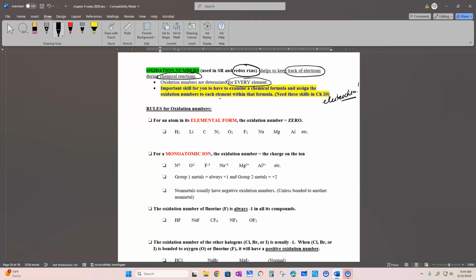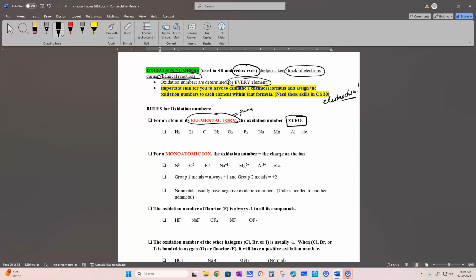My favorite topic. So there are a lot of rules, but as you go through the examples, you'll see the rules are not too bad. It just seems like a lot of them. Elemental form means pure form. Every atom that's in its elemental form has an oxidation number of 0.